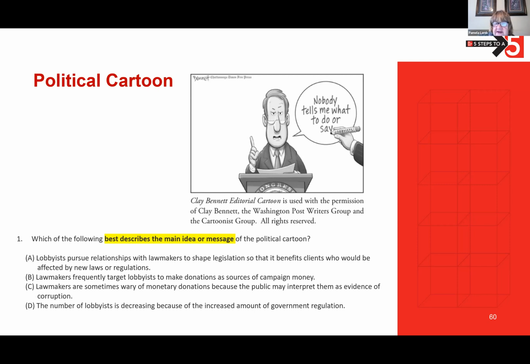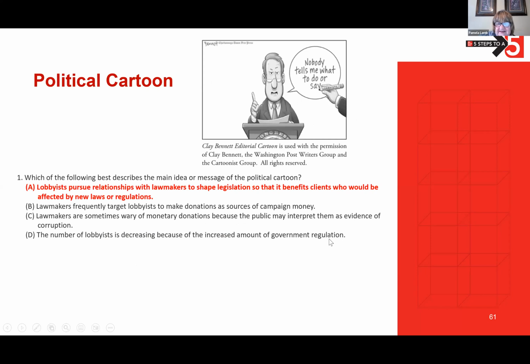I don't know if you can read it, but on his pencil is the word lobbyist, and the hand is writing, nobody tells me what to do or say. And he's supposedly saying what they're telling him to do or say. And so you picked A, which is very good, correct.